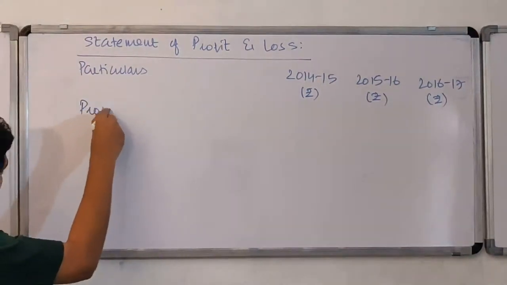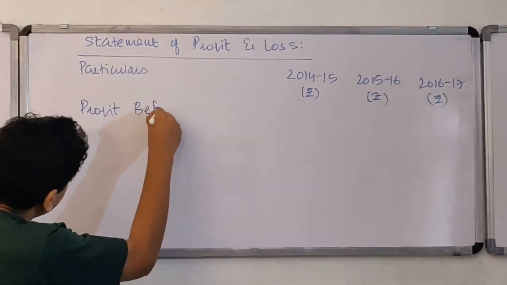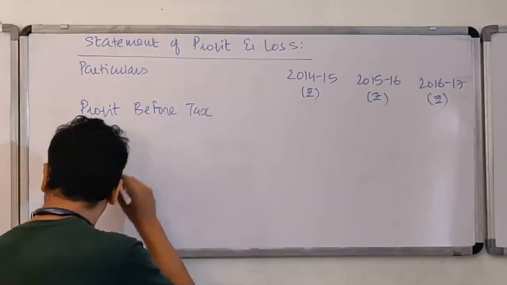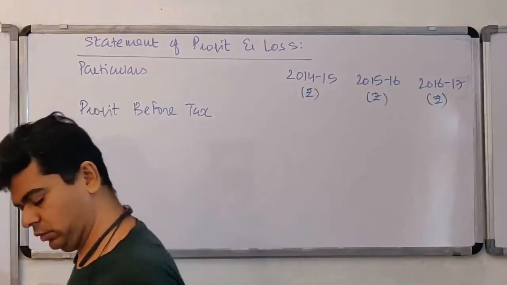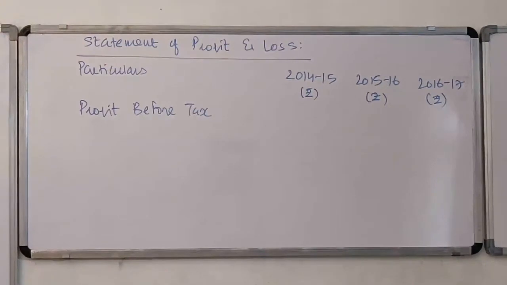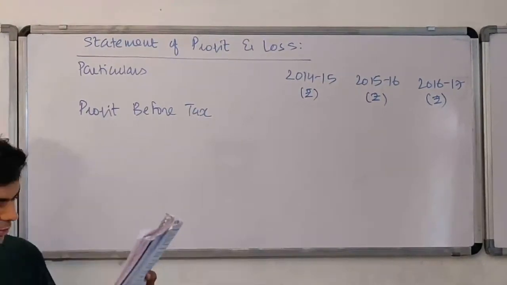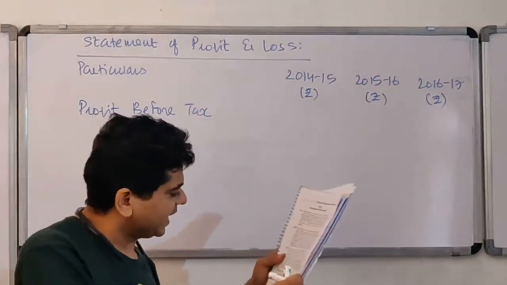Yes, we said profit before tax. They have themselves given that the accounting income and the taxable income both are the same.